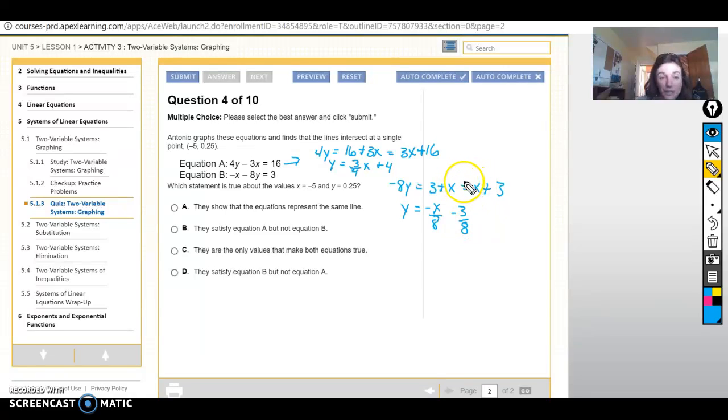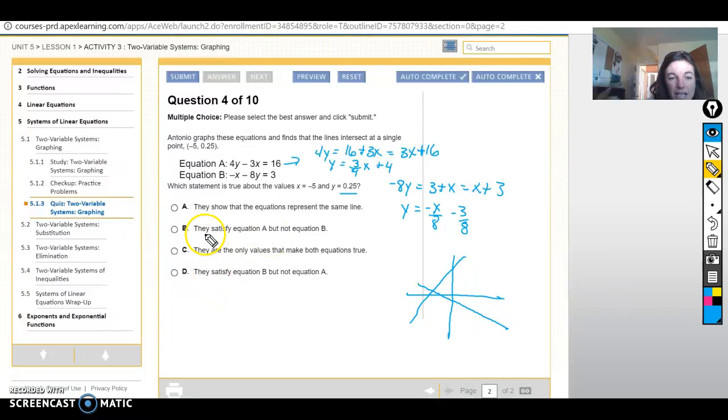And if I put a -5 in for x, I should get 0.25 for y for both of these, but that doesn't mean that they're the same line. In fact, one of these lines has a negative slope, and it's going to be a very gentle negative slope. It's going to be something like this. And the other has a pretty steep positive slope that's going to be something like this. Okay, so they are not the same line. So A doesn't work.